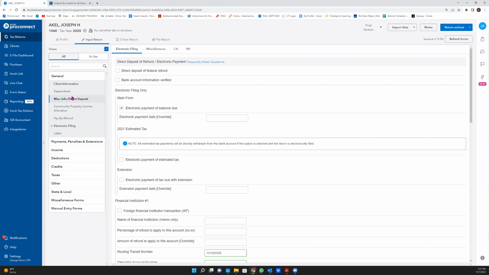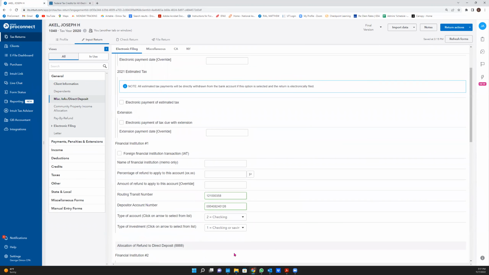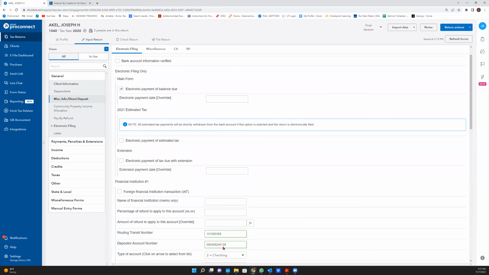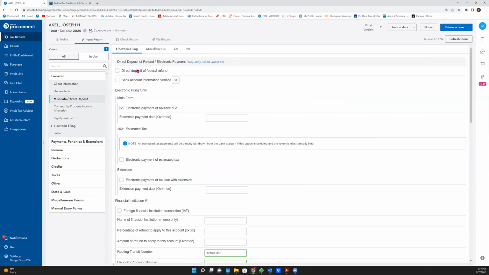First, they can either mail the check if they owe or ask for a mailed check from the Internal Revenue Service if they actually get a refund. They can pay via bank, and this is an example where we are selecting electronic payment of balance due via bank account, or they can receive a refund directly into their bank account when they're submitting the tax return.